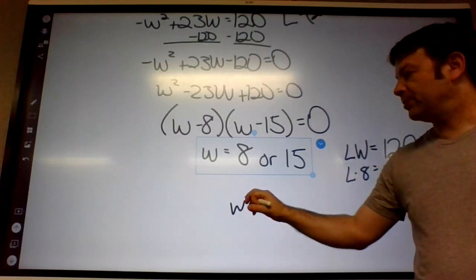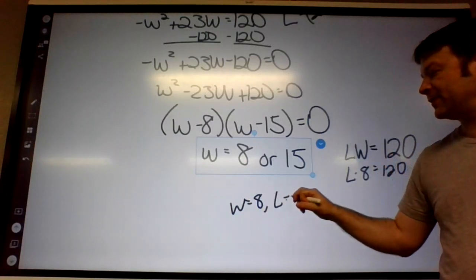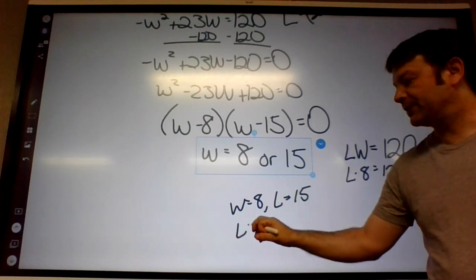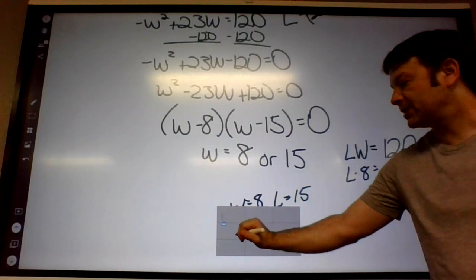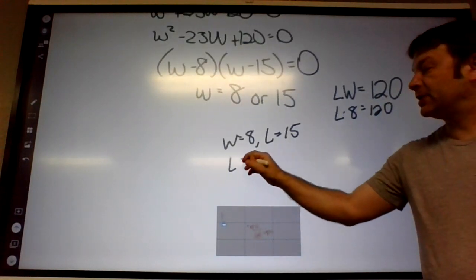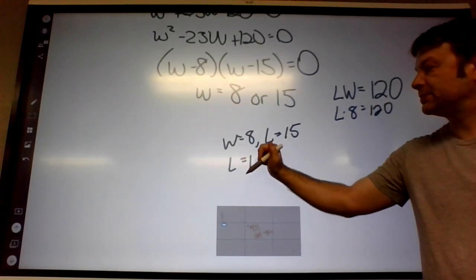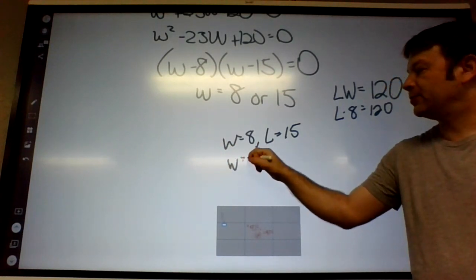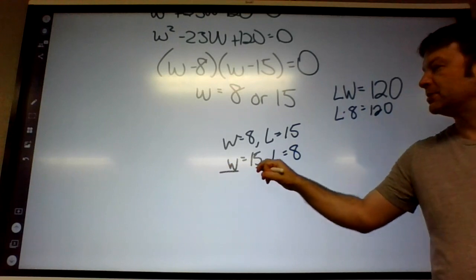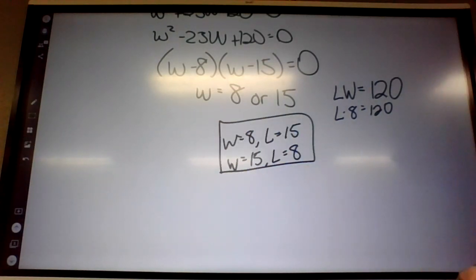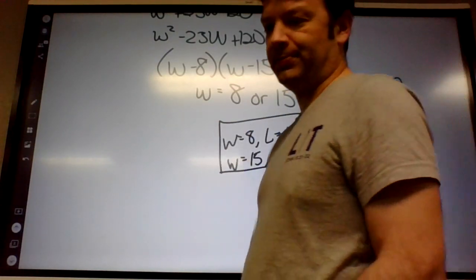So it's either width is 8, length is 15, or if the width was 15, the length would be 8. So it's one of those two. 8 by 15, basically what it would be.